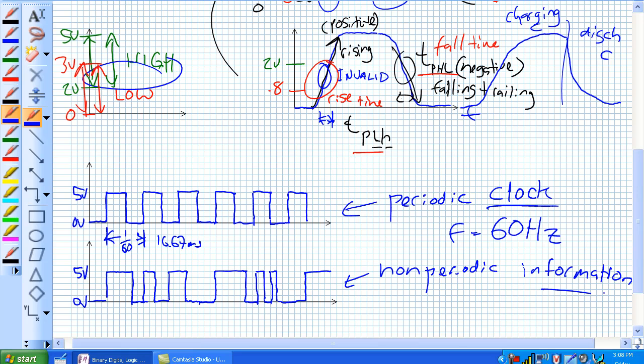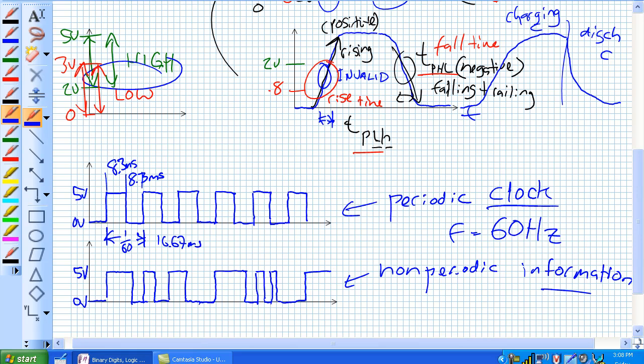Okay, so what is the duty cycle of this clock? This is something you may not be familiar with from EET 112. Well, a duty cycle, just think of it simply as the time it's on. Okay, so if it was 1/60th of a second for the full cycle, how long is it on, how long is it off? Well, it should be 8.3 milliseconds on, 8.3 off.